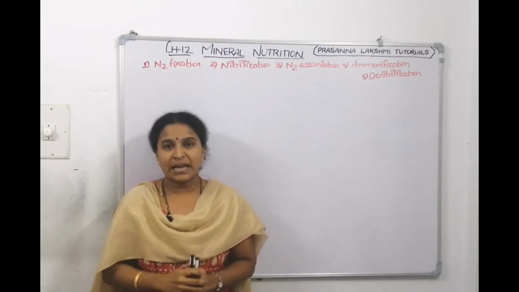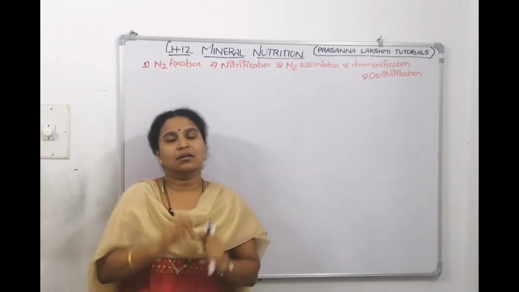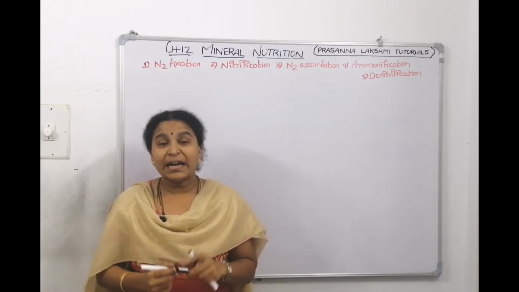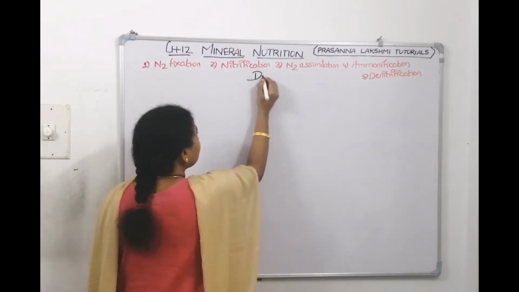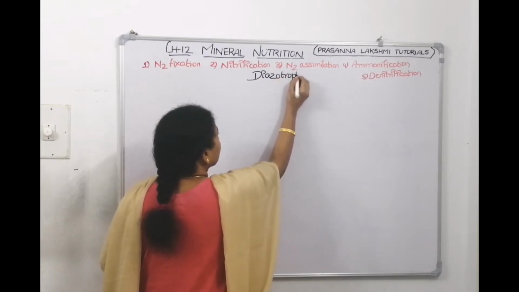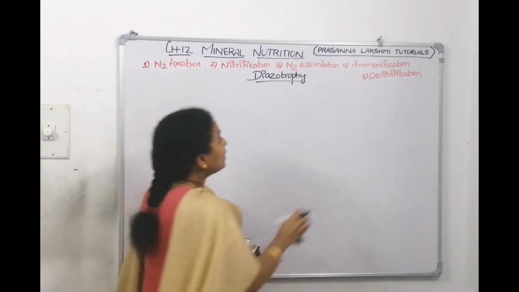Rhizobium leguminosarum is the name of the bacteria which will do nitrogen fixation in Leguminaceae plants, right? There we were talking about diazotrophy. So our today's topic will be diazotrophy, children. Now come on, what is diazotrophy?